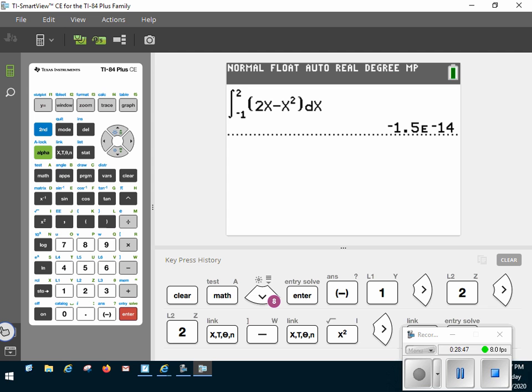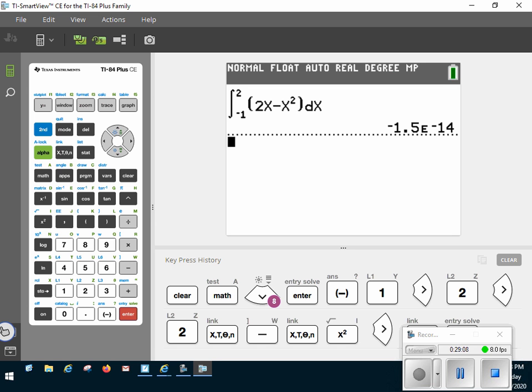Now listen, most of the time it's going to give you 0. If you see this capital E, it means times 10 to a power of, scientific notation. That means you move the decimal point 14 places to the left. There's a glitch in these calculators somehow. You see e to any big negative number, that's 0. That's all you got to do.